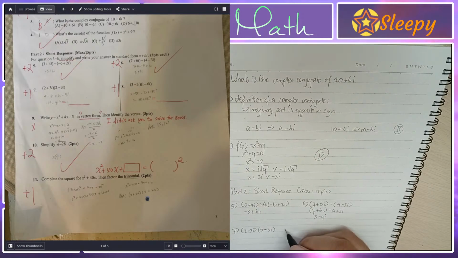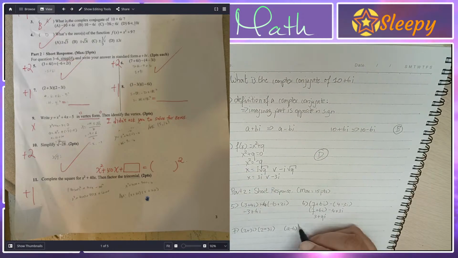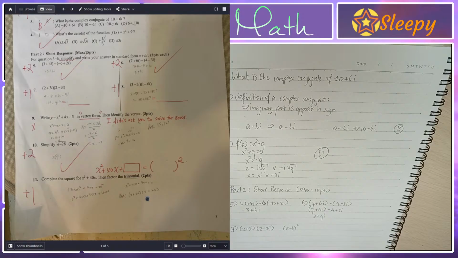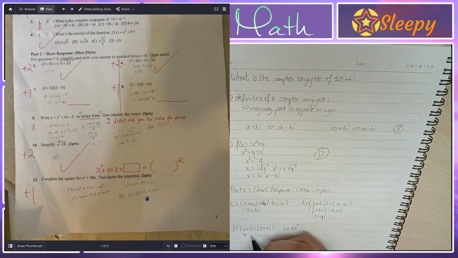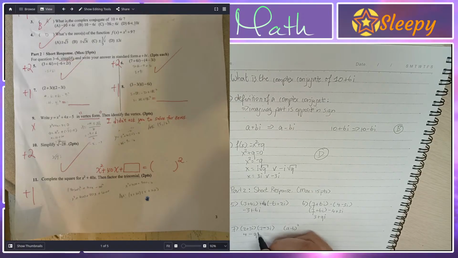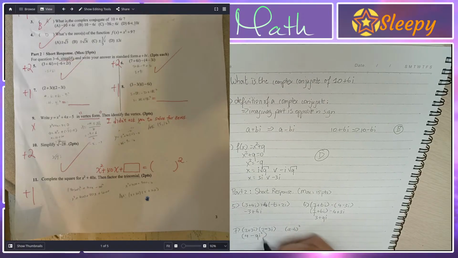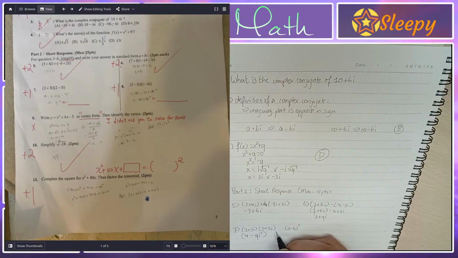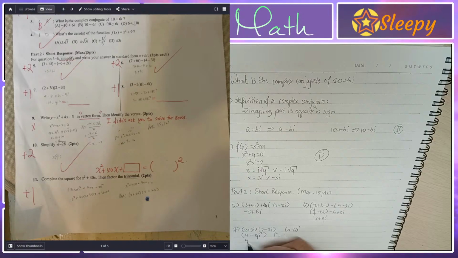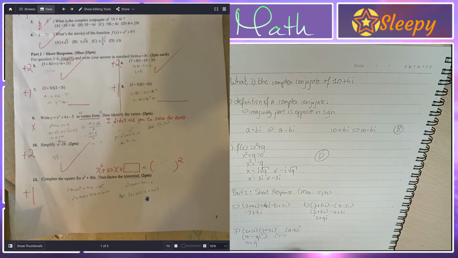So this is actually very easy. This is like 4, then minus 9i squared. Now i squared is minus 1. So 4 plus 9, so it's 13. I don't see the answer, but I'm sure it's like that.